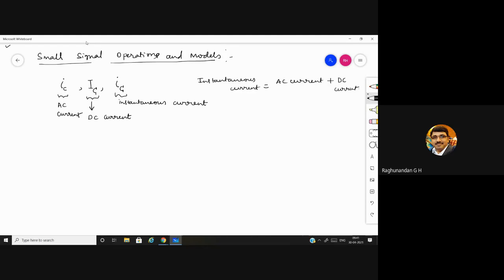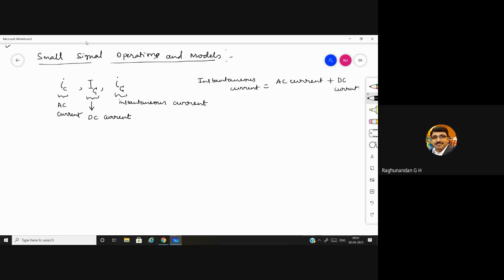In this topic, we are going to discuss the equations for collector current. We have discussed the equation IE is equal to IB plus IC, a generalized equation which we have studied already. But now in the small signal operation and models, we are going to consider the input signal, and when the input signal is given, how the amplifier is going to react to it and on which parameters the output current is going to depend.